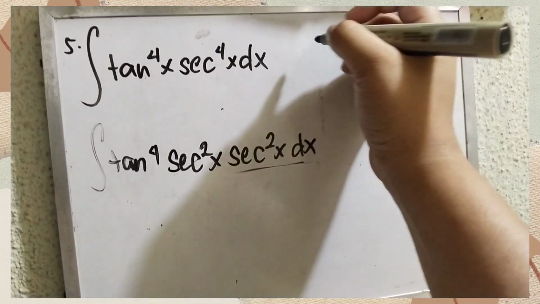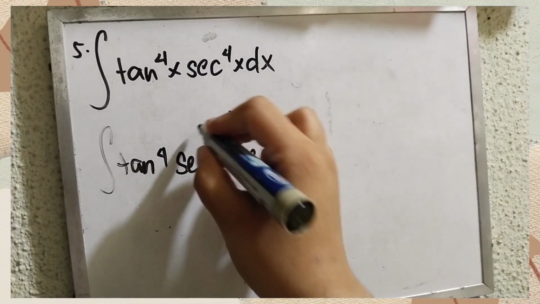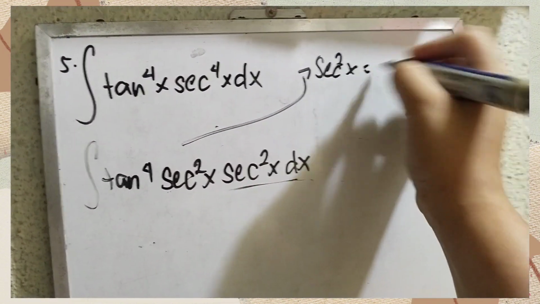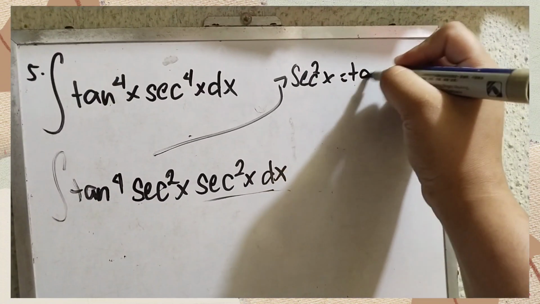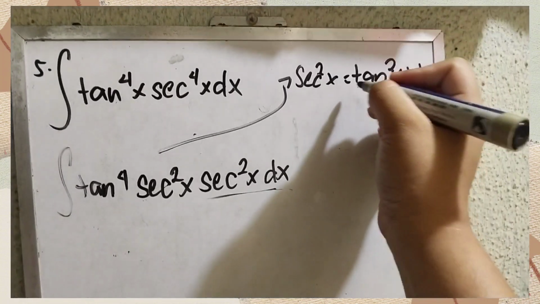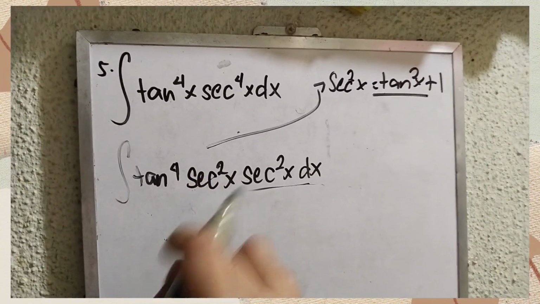We all know that secant squared x is equal to tangent squared x plus 1. So we can use this expression and substitute it for secant squared x.